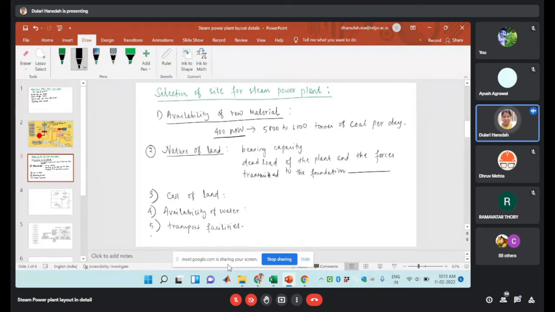Then we have the sixth point, which is ash disposal facilities.